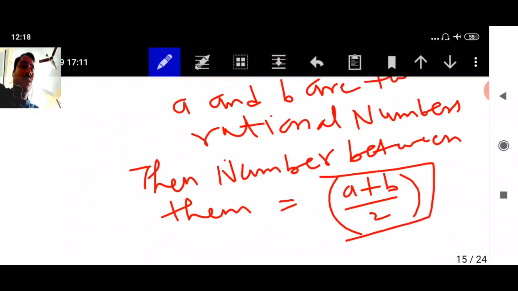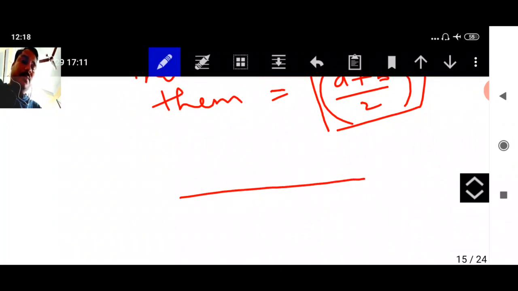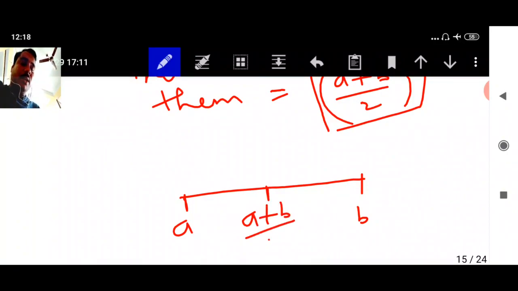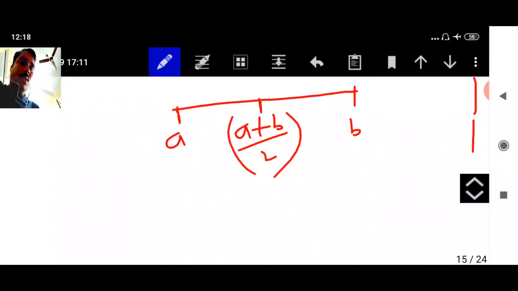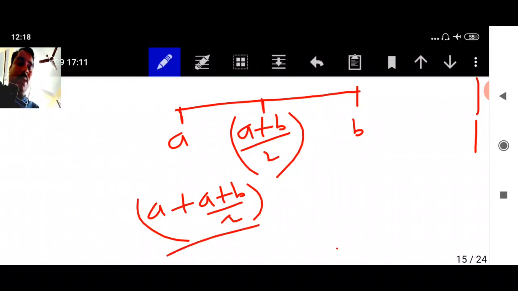This means this number lies between A and B. If A is here and B is here, then A plus B by 2 lies here. Then we can find the mean of A plus B by 2 whole divided by 2, and we get a rational number between them.